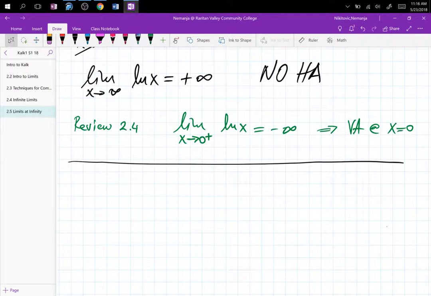Slant asymptotes happen only when you have a rational function such that the leading degree in the numerator is 1 bigger than the leading degree of the denominator.